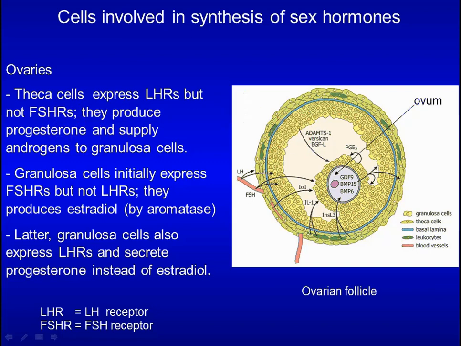Granulosa cells initially express follicle-stimulating hormone receptors, but not luteinizing hormone receptors. They produce estradiol. Later in the ovarian cycle, granulosa cells also express luteinizing hormone receptors, and they start to secrete progesterone instead of estradiol.